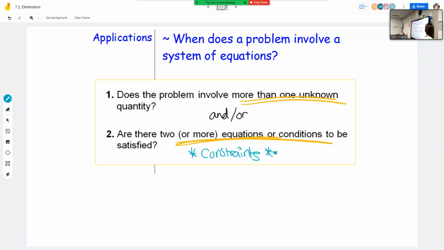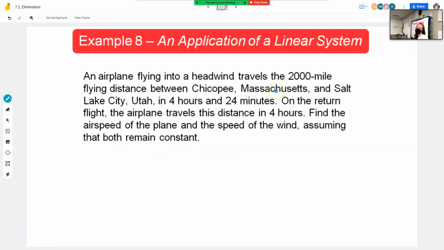But once constraints are brought, all of a sudden I have some stuff to be plugging and chugging and considering as far as what could possibly occur. So more than one unknown or more than one condition.